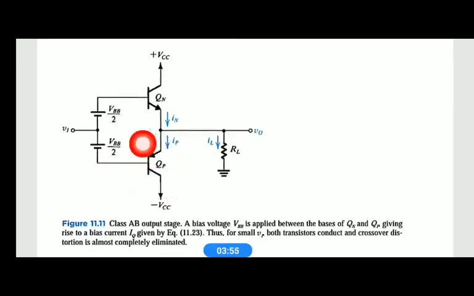So minus VBB by 2 amount of biasing voltage we are applying for transistor QP, which conducts for negative input half cycle.